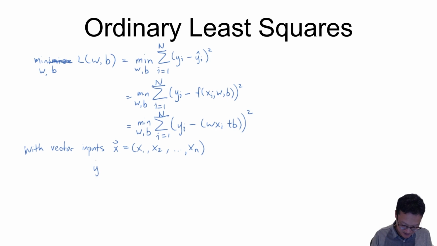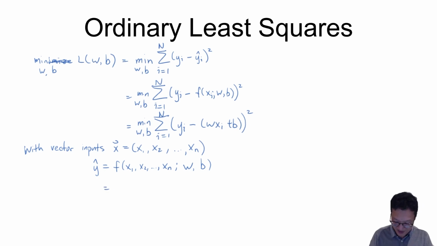The model would just be y hat equals f of x, now a vector. Let me just write everything out. Our model will be a function of all of the components of x, and the outcome depends on our weights.